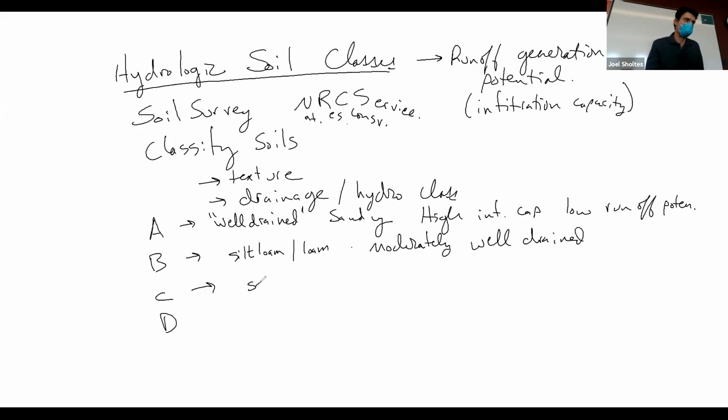C, we get a sandy clay loam, with moderately well-drained filtration rate. And then D is a clay loam or a clay, also known as poorly drained.